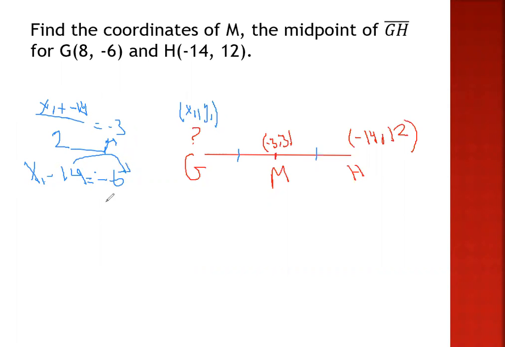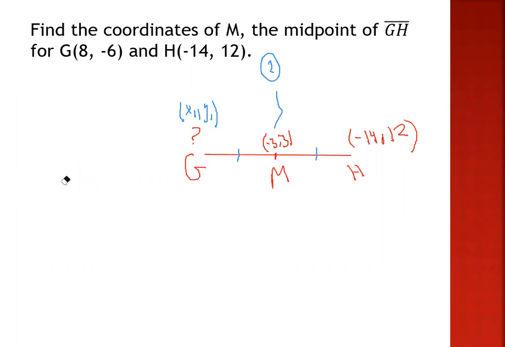We can answer this question. This is to only find the X1. For Y, you are going to make the same: Y1 plus 12 divided by 2 equal 3. So we can make another way. It's a quick way. How? Always you multiply by 2, because when you make the cross product, you will multiply by 2, right? Then to answer it quickly, in case you have the midpoint and the end point, whichever place, you can say 2 times negative 3 minus negative 14.